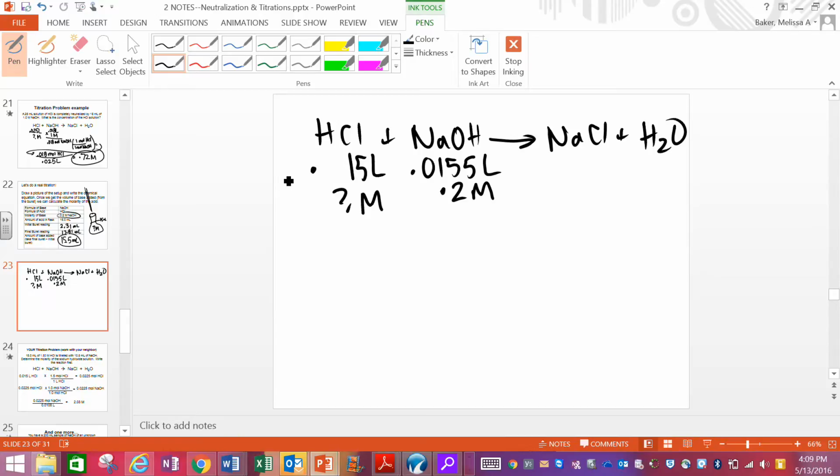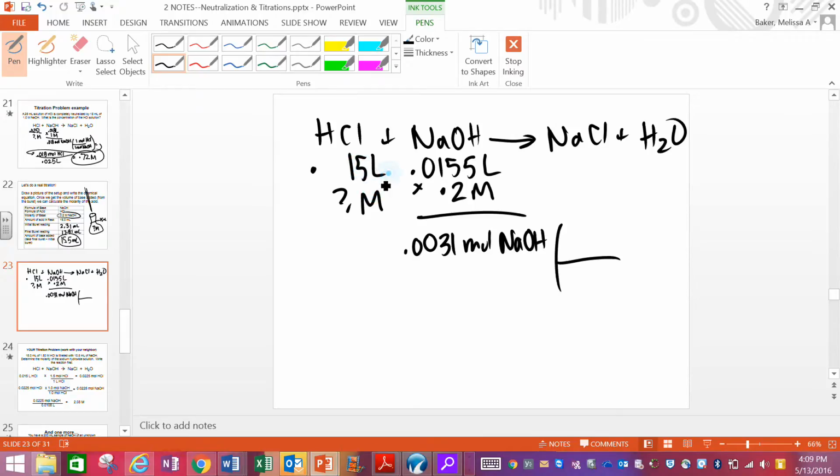So write all your information first. Then you always do molarity times liters to get your moles of the known that you added. So in this situation, I added 0.0031 moles of sodium hydroxide.